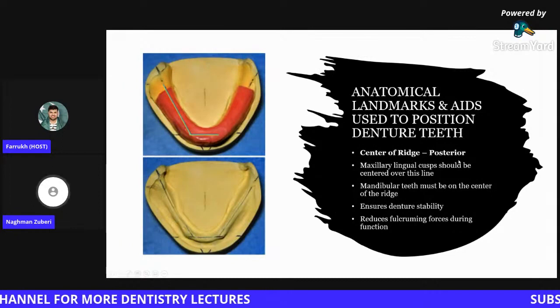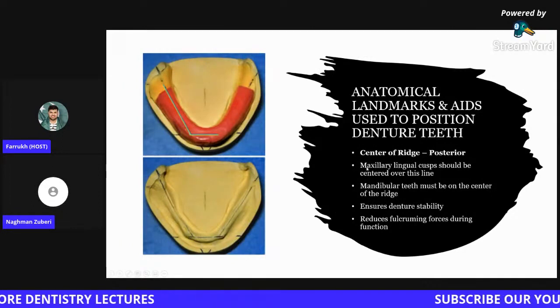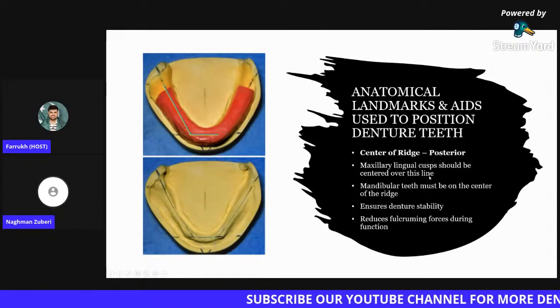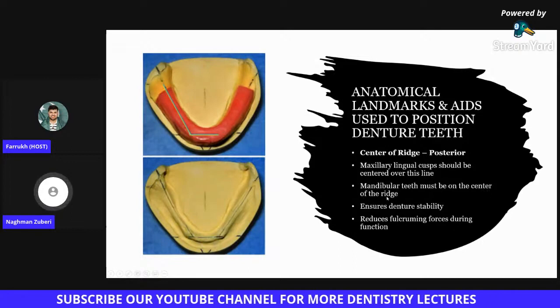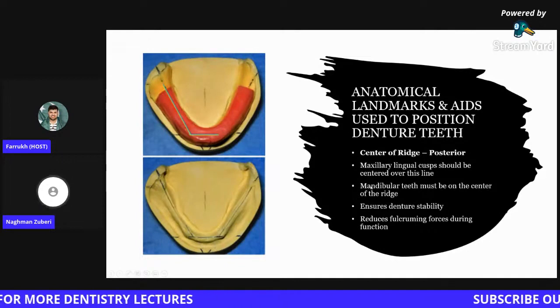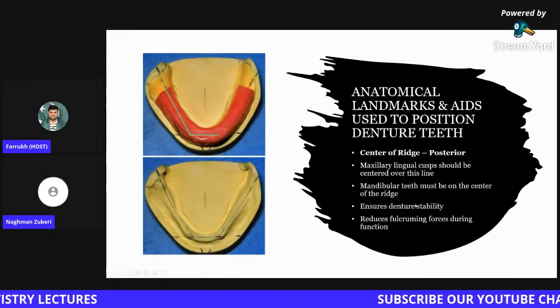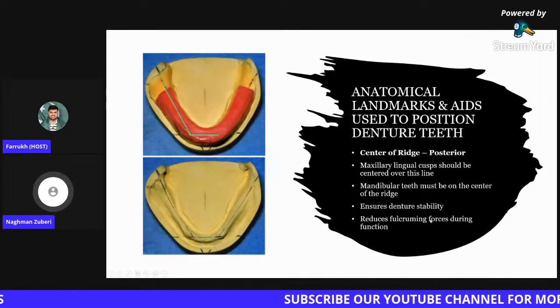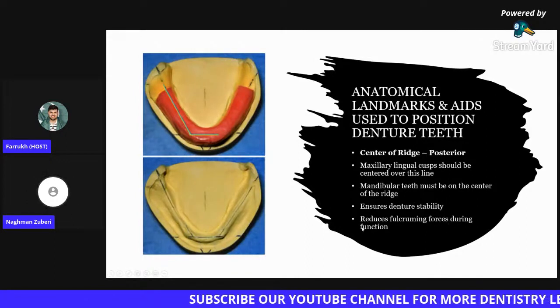Center of the ridge for the posterior teeth. Maxillary lingual cusps should be centered over this line. Mandibular teeth must be on the center of the ridge, which ensures denture stability and reduces fulcruming of the forces during function.